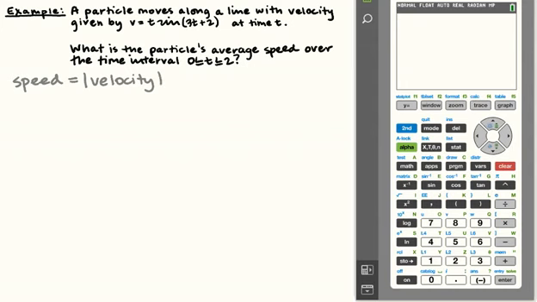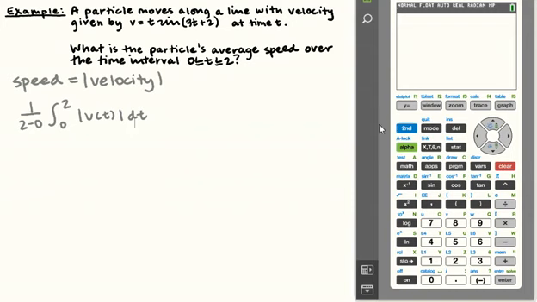So average speed would be the average value of absolute value v. That's 1 over 2 minus 0 times the integral from 0 to 2 of the absolute value of v of t dt. But 884 sitting over there made a really interesting point that nobody else made in any of the other sections: you can find average speed by total distance divided by total time. And if you look, isn't this just the same integral that we used to find total distance, just divided by 2? I mean, it is.